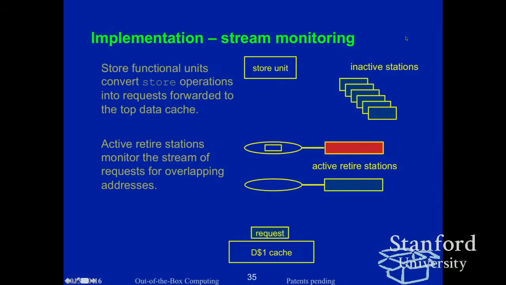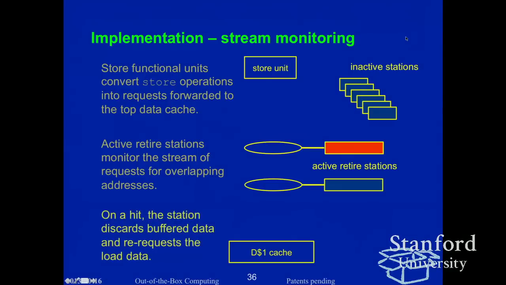If they hit, that is, if there's a matching or overlapping address, the station discards any buffered data that it has and re-requests the load. That re-request will see the result of the store. Guess what? That's the semantics we wanted, that the loads see the results as of the retire cycle.